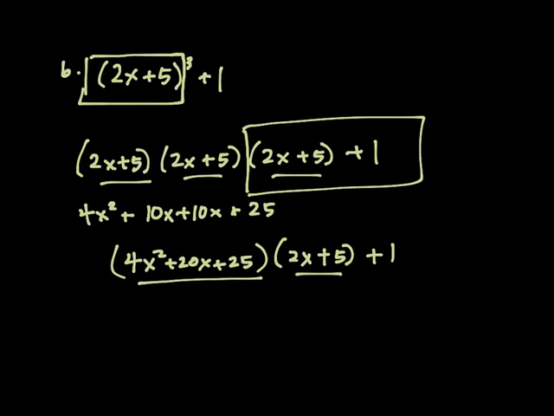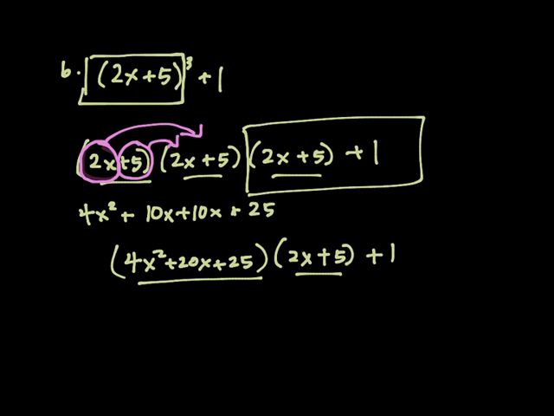Remember that when we're doing FOIL, what we were doing up here was splitting this 2x and this plus 5, and distributing it evenly to the binomial, individually.